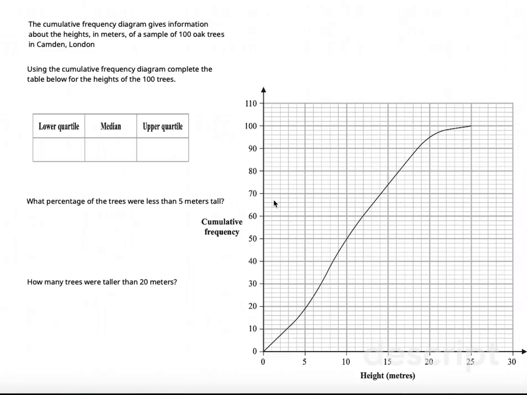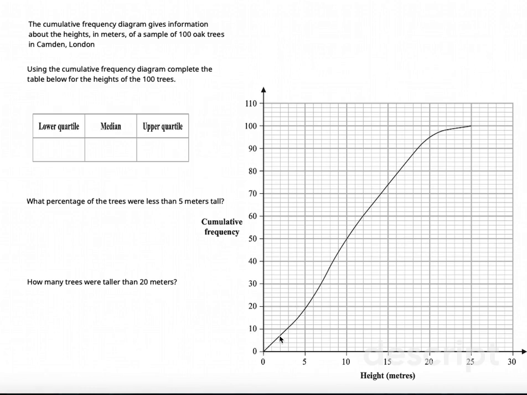In this tutorial, we will look at how to use a cumulative frequency diagram to read information. The cumulative frequency diagram gives information about the heights in metres of a sample of 100 oak trees in Camden, London. Here's our graph. Along the horizontal axis, we have the height of our trees in metres, and as usual, on the vertical axis, we have cumulative frequency.